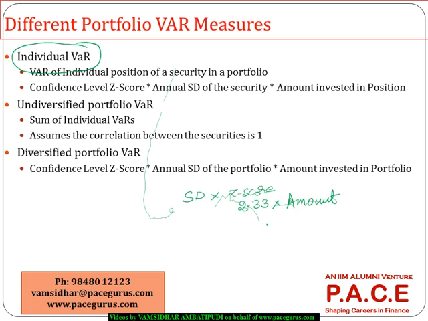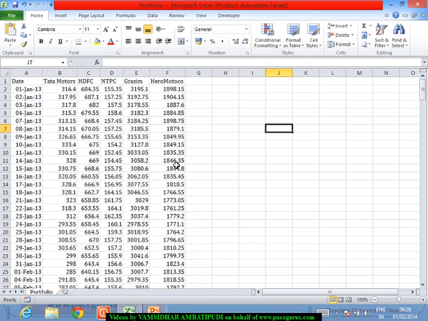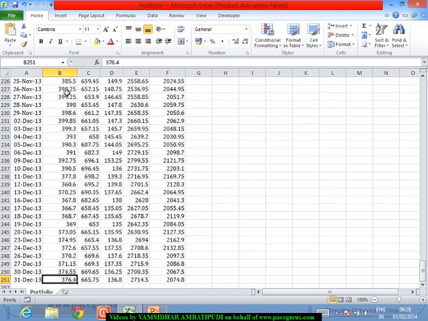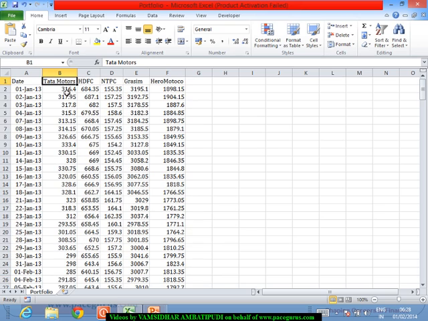So for our data, I am taking 5 different securities and their daily prices for the entire year 2013. I want to find out their daily returns.